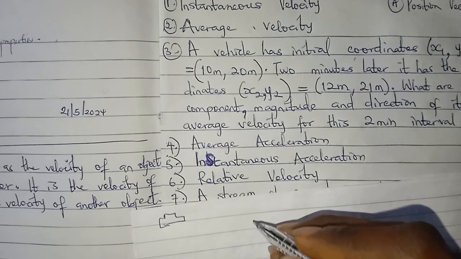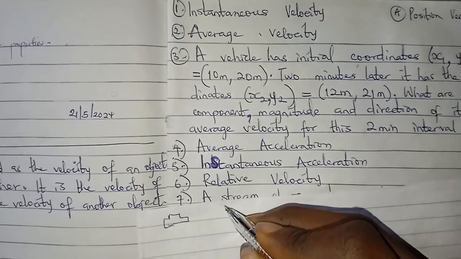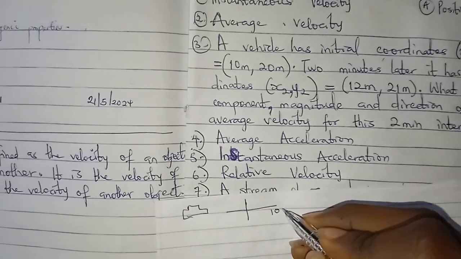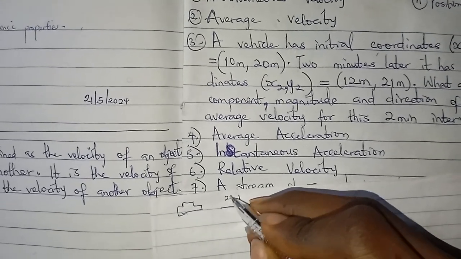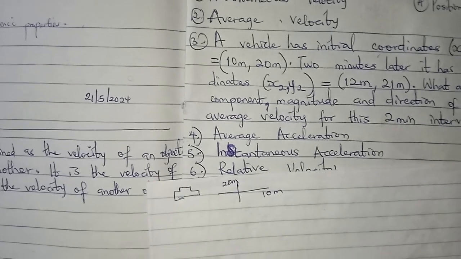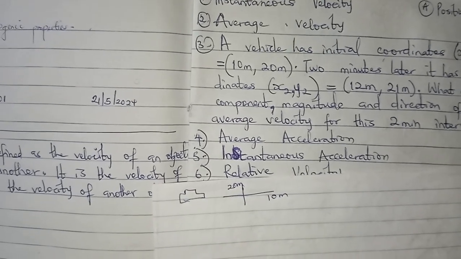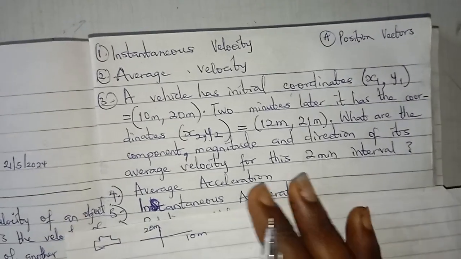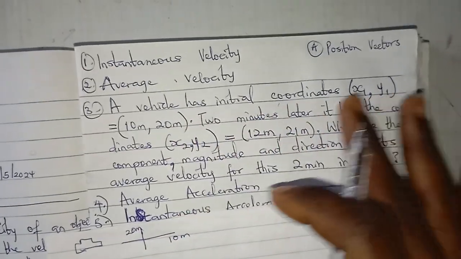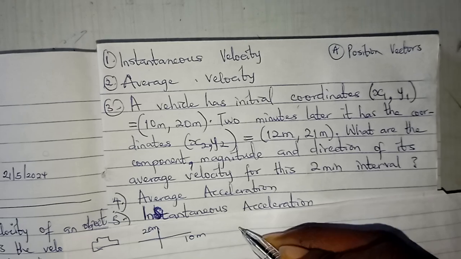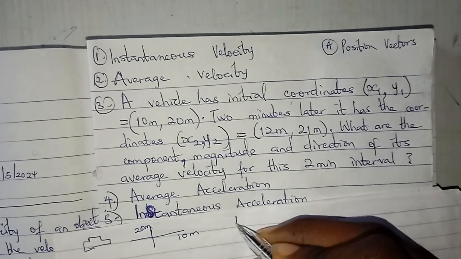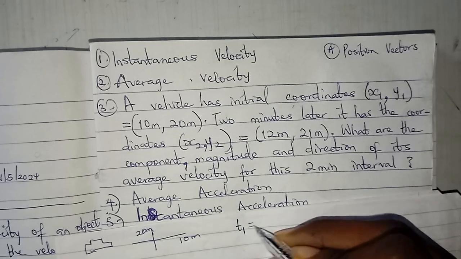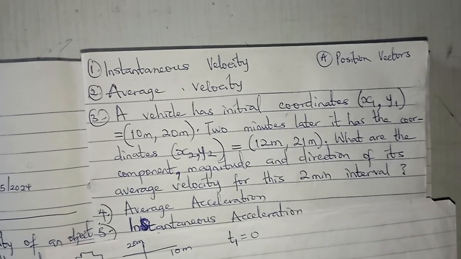It has initial coordinates x and y. On the x it has 10 meters, on the y it has 20 meters. So at the initial time, t1 is 0. That is when it started.